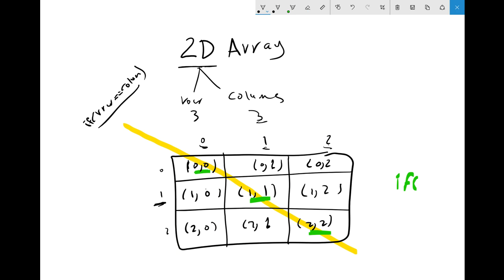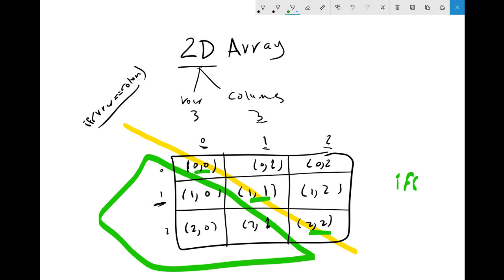This is the basic problem I would share with you. What if I want to print the triangle under the diagonal? When I say the triangle under the diagonal, I mean this data. What do you see? Here I have 1 in row, 0 in column. Here I have 2 in row, 1 in column. Here I have 2 in row, 0 in column.